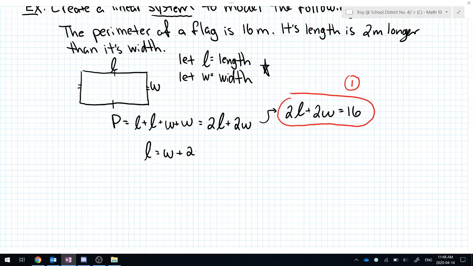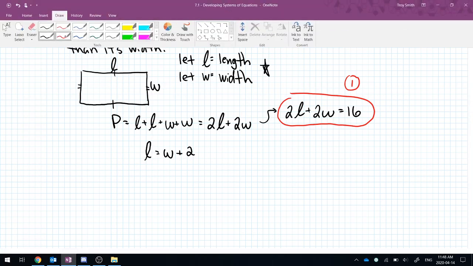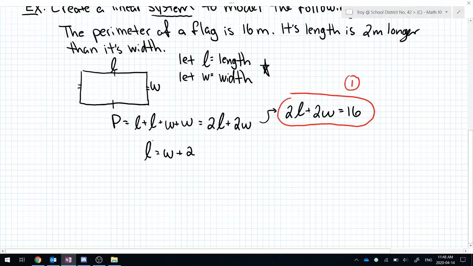That's what it's saying. And that's it. There's nothing else we have to do. That's an equation. It has just L, it has just W, it has an equal sign, so it's an equation. That's equation 2 in our system. That's it.